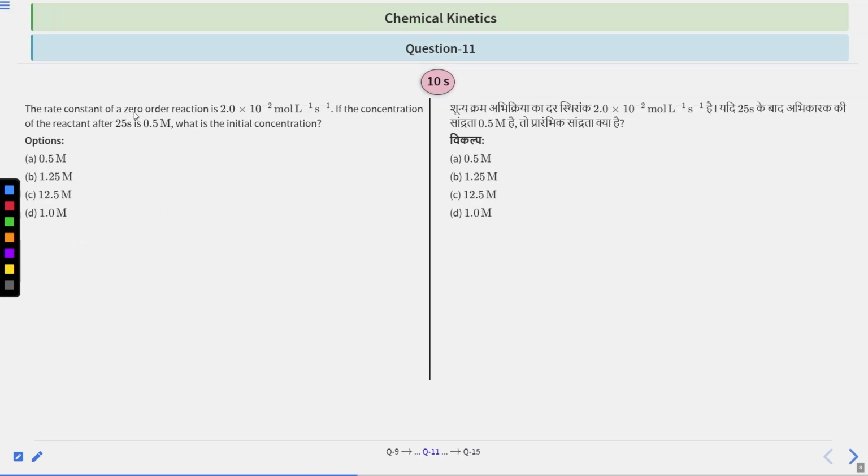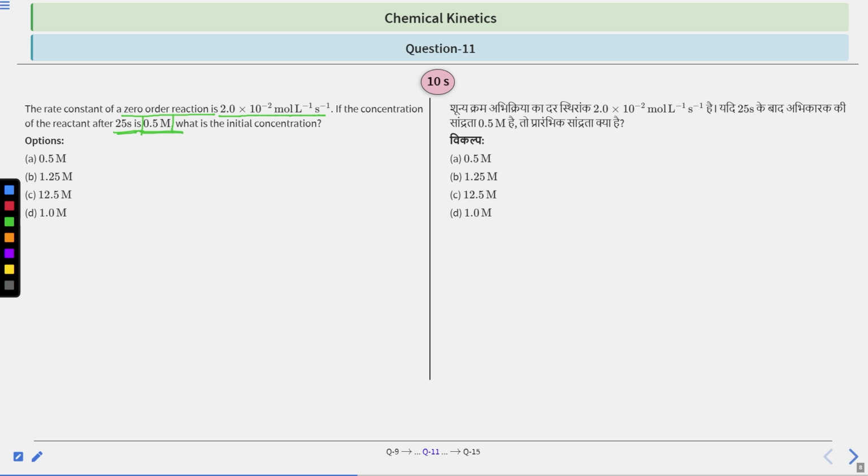The rate constant of a zero order reaction is 2 times 10 to the power minus 2 mole per liter per second. If the concentration of reactant after 25 seconds is 0.5 molar, what is the initial concentration? So we are given that the concentration of reactant after this many seconds will be 0.5 molar.